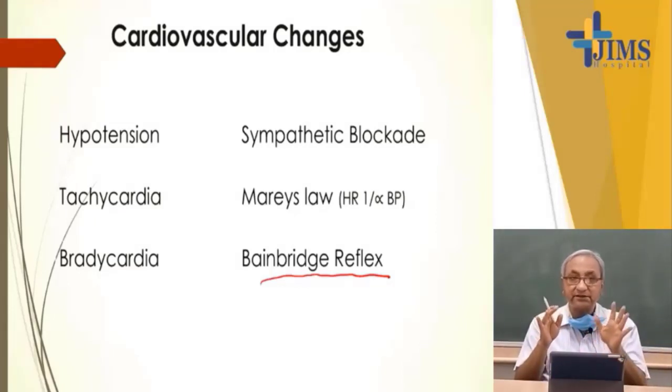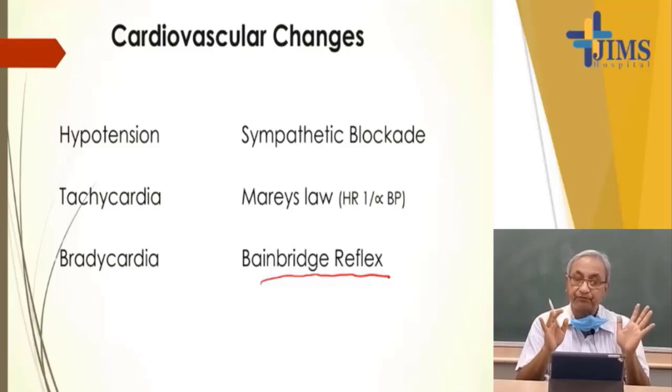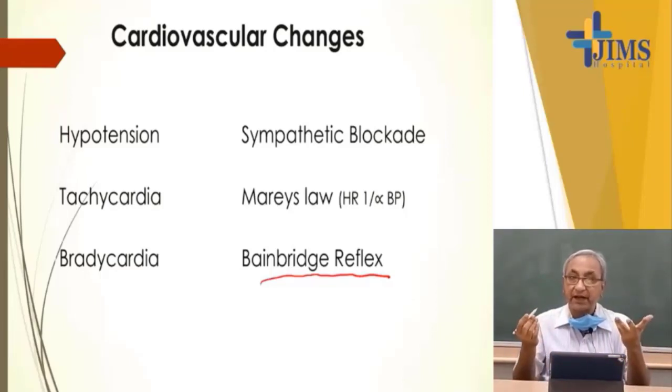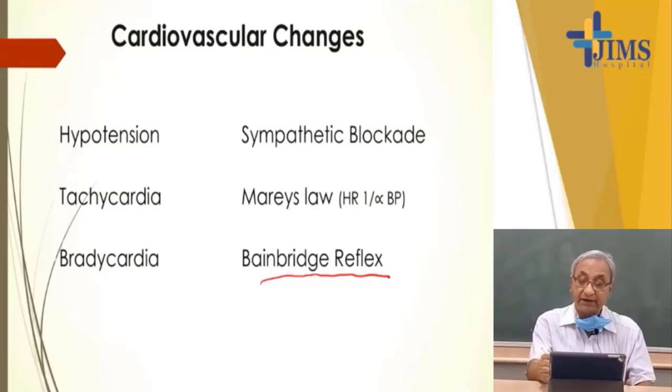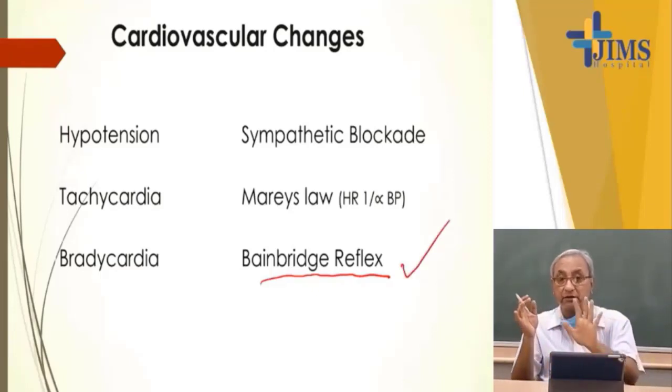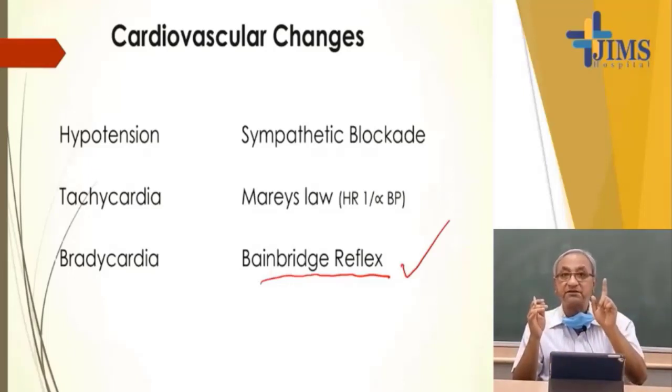If there is a balance, then the pulse rate remains the same. If there is imbalance, one of them gets the upper hand. So the patient may have tachycardia, or may have bradycardia. But usually the Bainbridge reflex response is more profound. So usually what happens is bradycardia.